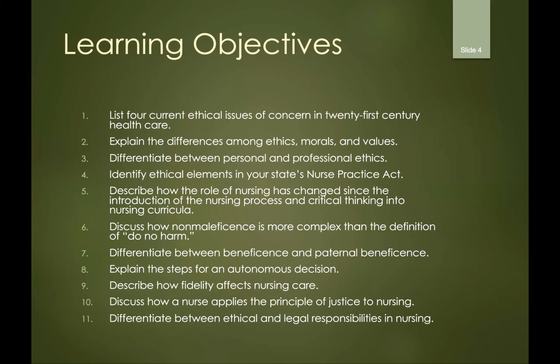So you all need to be able to define those words. Differentiate between personal and professional ethics, identify ethical elements in your state's Nurse Practice Act, describe how the role of nursing has changed since the introduction of the nursing process and critical thinking into the nursing curriculum.